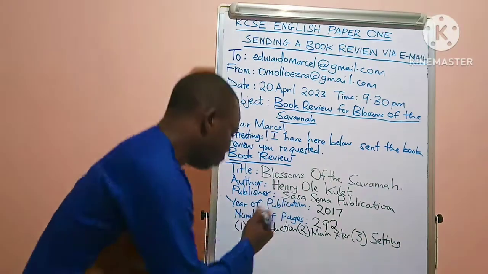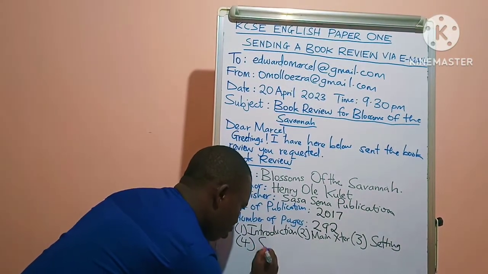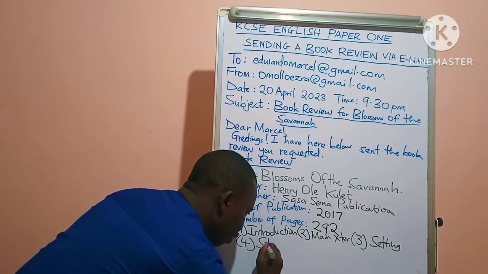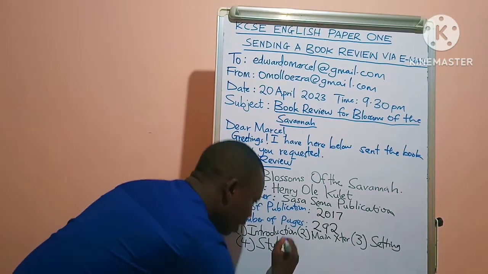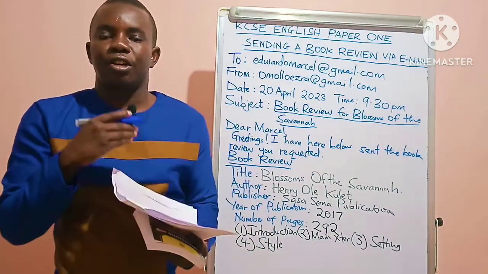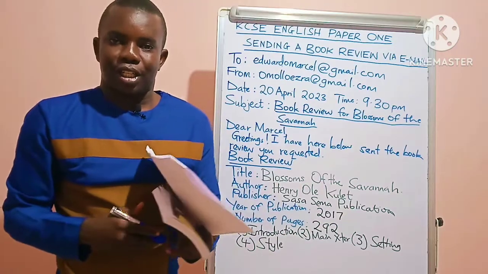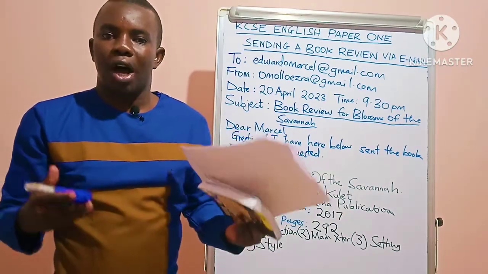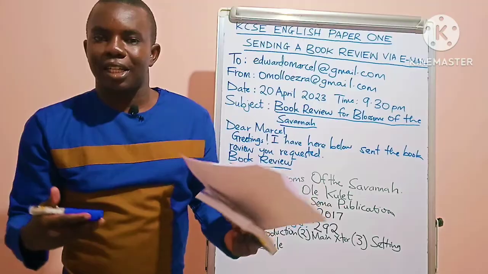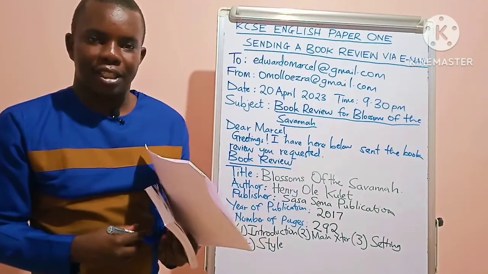Number 4, here at the body, you are also going to talk about the major style that Henry Olekulet has used in his work to artistically bring about the thematic concerns.